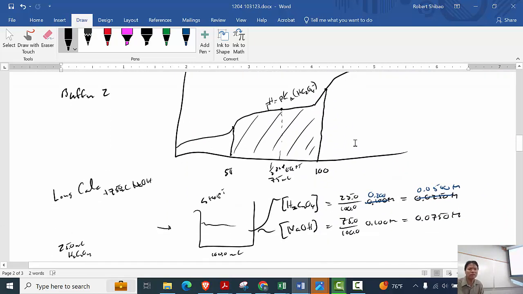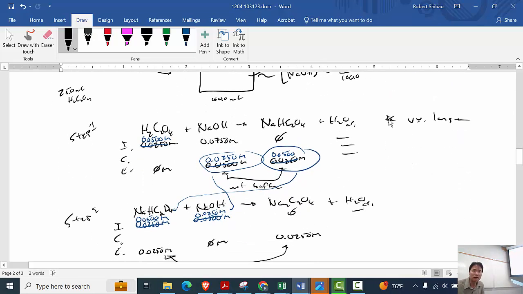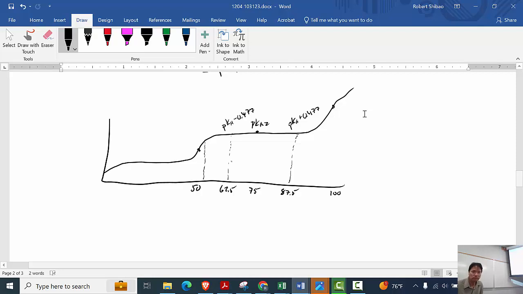Or we just take 1/11th of 50. Actually, if I want the 1/11th, I'll just calculate it. So it's going to be 50 plus 1/11th of 50. The total distance is 50, and we're starting at 50. And so that's going to equal 54.45.